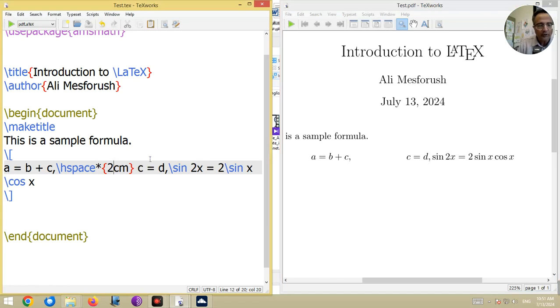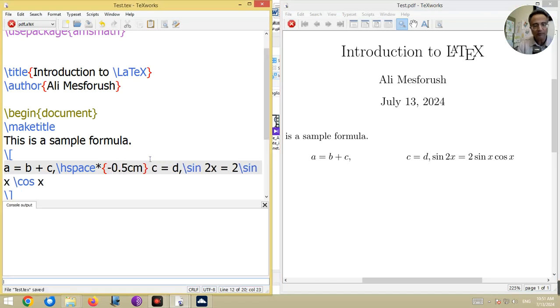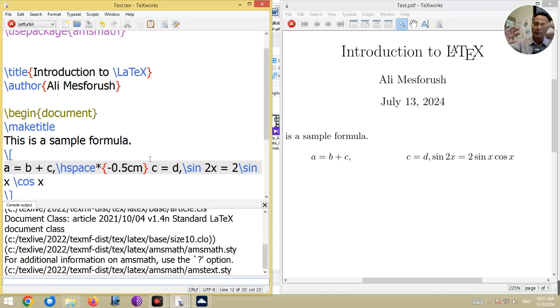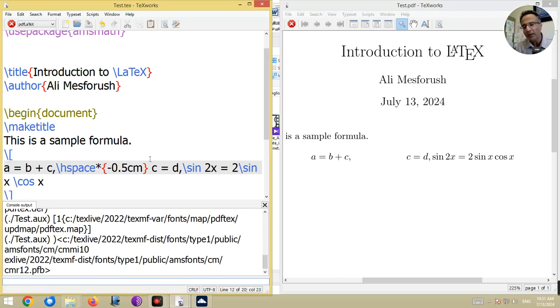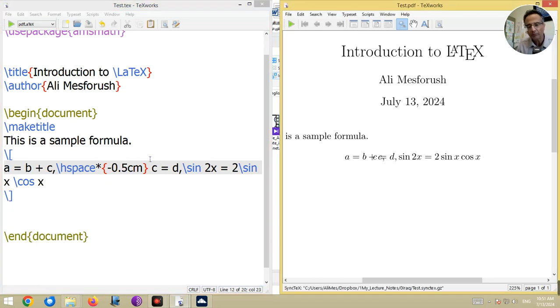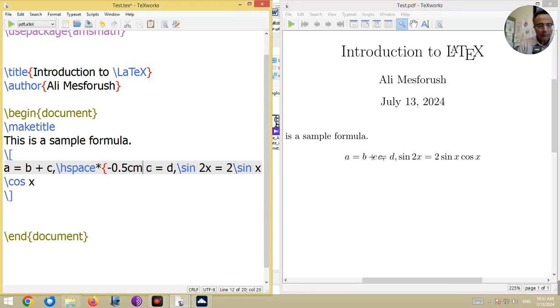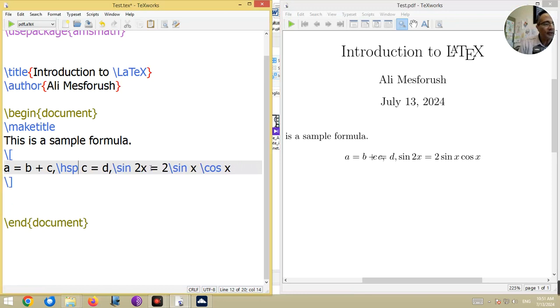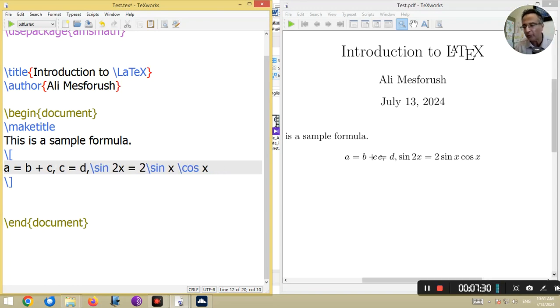Or also you can decrease, for example, minus 0.5 centimeter, and you will see that two formulas may be merged into each other. Look, this is. So these are the ways to decrease and increase the space between formulas in a line.